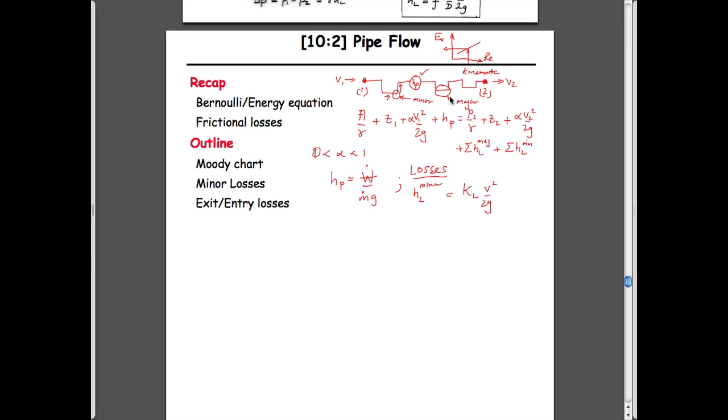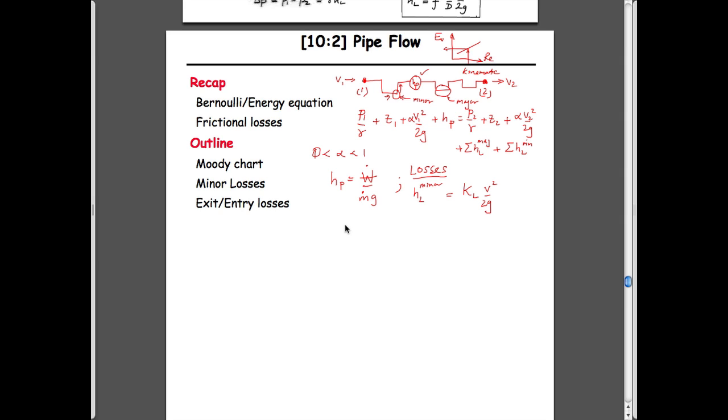But the reason for the major losses is that the pipe length is typically very long, and so a small loss per unit length accumulates over the length of the pipe and is typically larger than the minor losses that occur within these fittings. Even though the losses in the fittings might be larger, there are fewer of them. So that's basically the reason for the nomenclature.